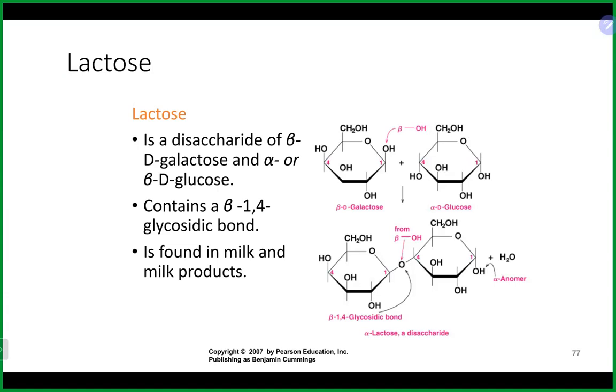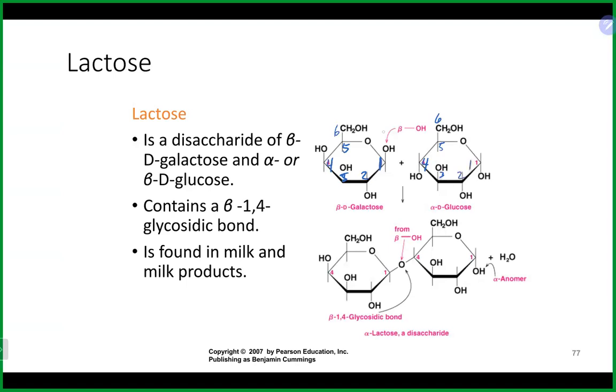When we look at our glucose and our galactose molecule, this is carbon 6, carbon 5, carbon 4, carbon 3, carbon 2, and carbon 1. On the other one, that's carbon 6, carbon 5, carbon 4, 3, 2, and 1.